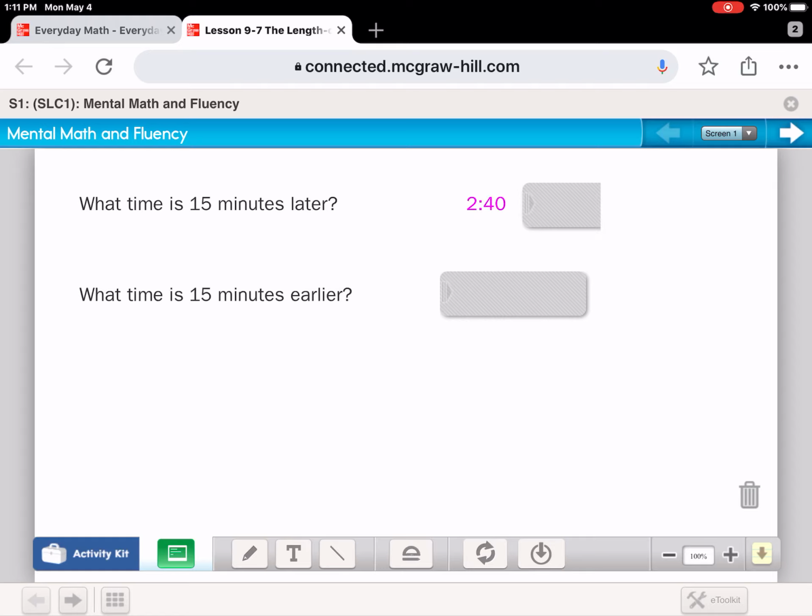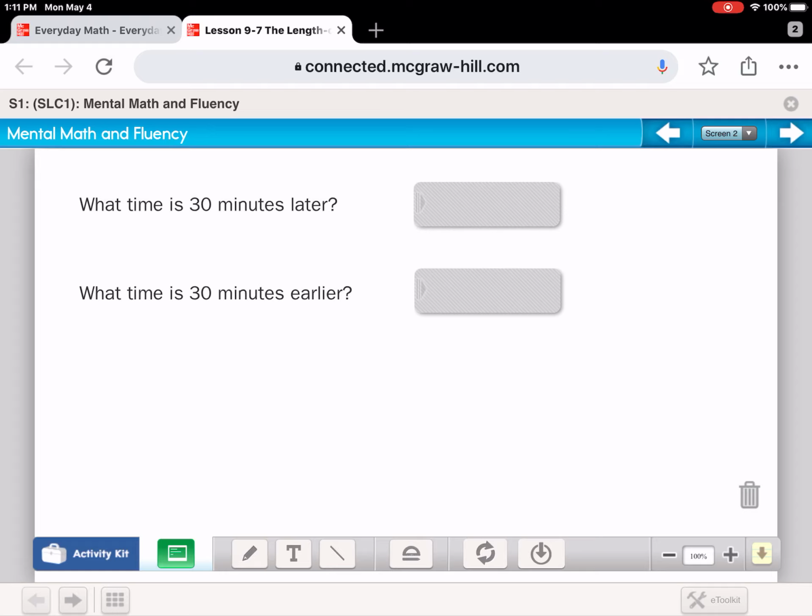It will be 2:40, 15 minutes later. Now write down what time it will be 15 minutes earlier than 2:25. It will be 2:10.